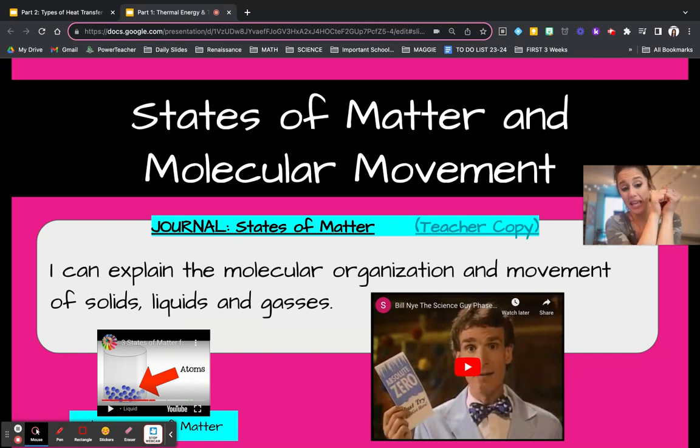It's going to take the shape of the container. If I pour it in a really long, flat serving dish, the liquid's going to spread out flat. If I put it in a cylinder to measure, it's going to take the shape of that container. The molecules are still stuck together, but they have the ability to move around.